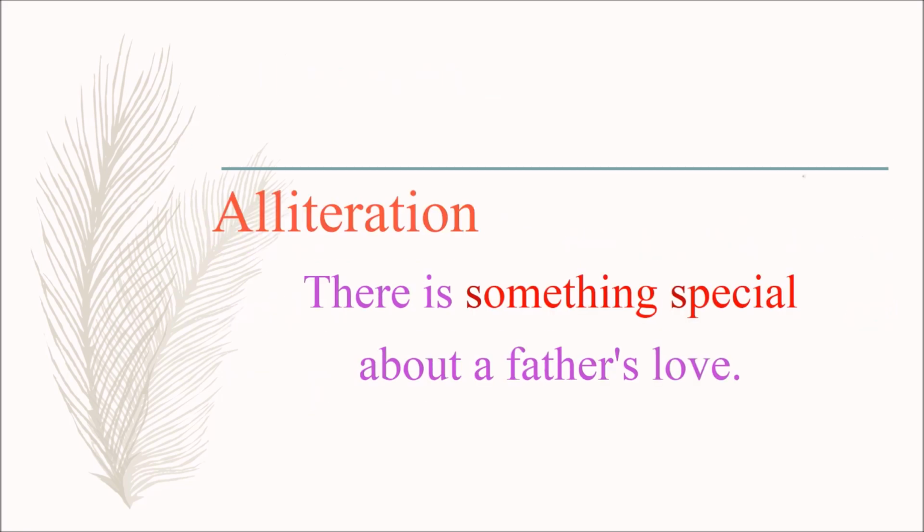Let's identify the alliteration in the poem Special Hero. Here we have one line. There is something special about a father's love. There is an alliteration in the line. The sound S is the same in these two words, something special.